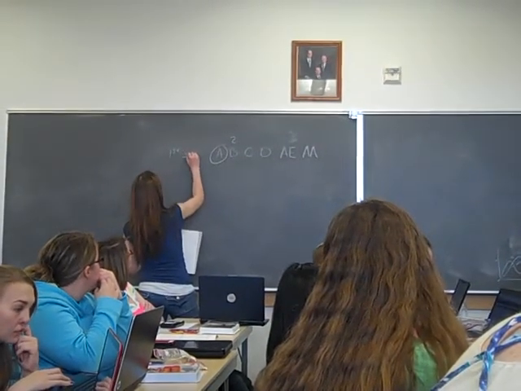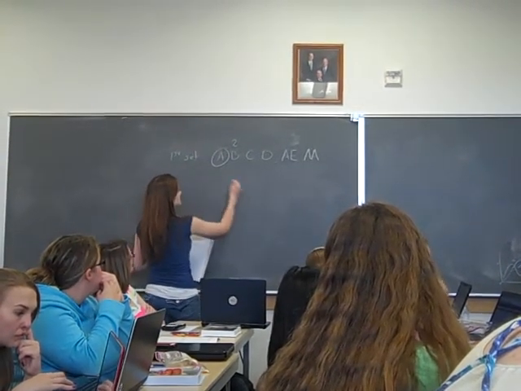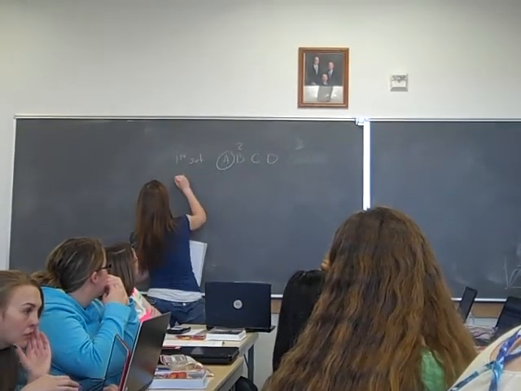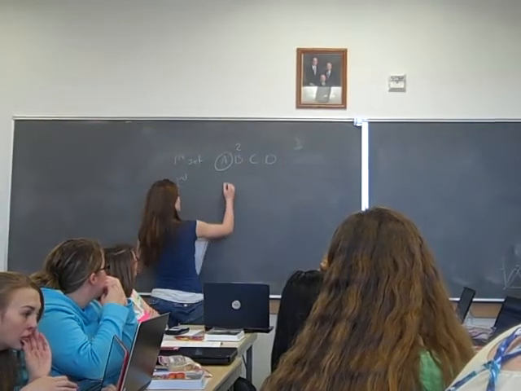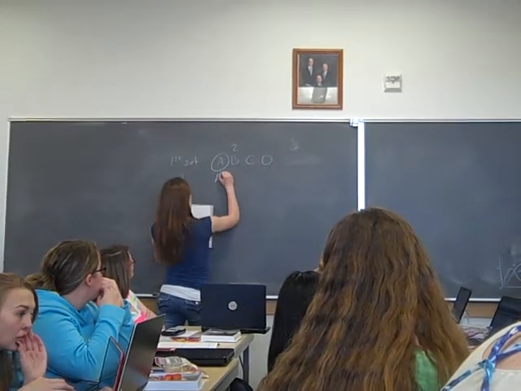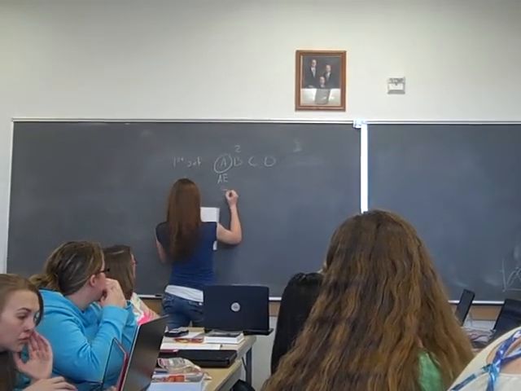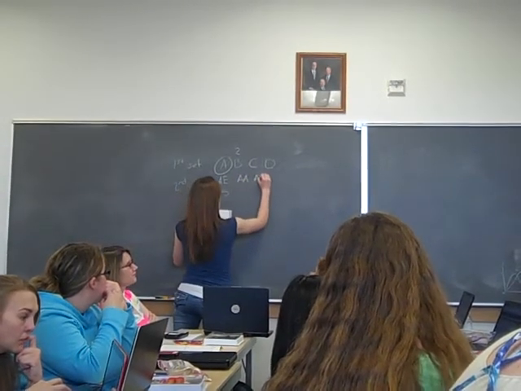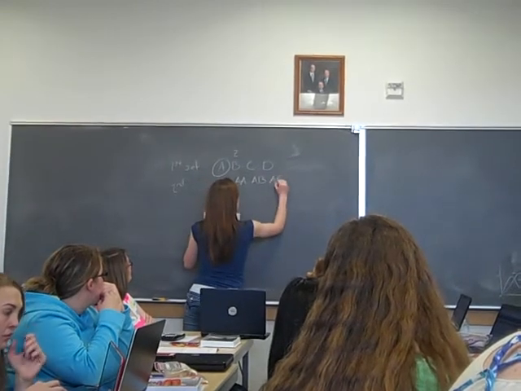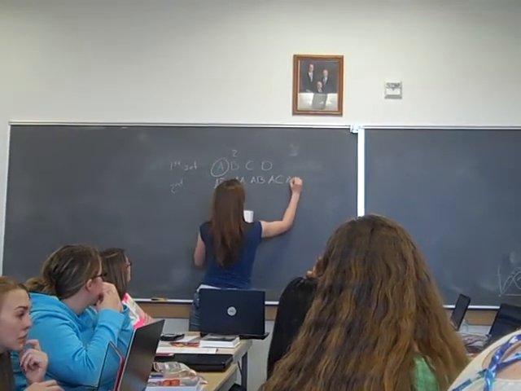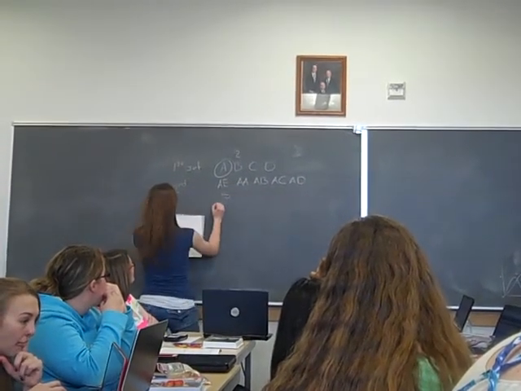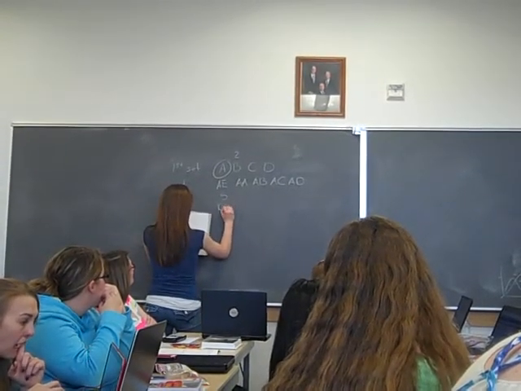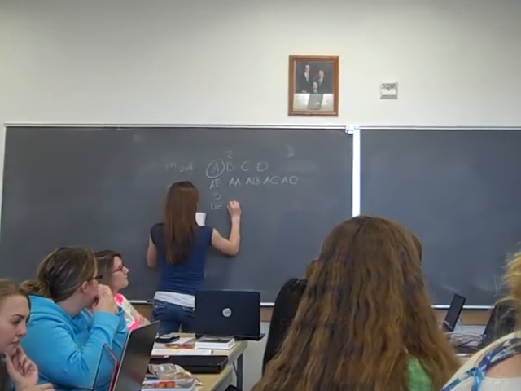Now I remember. Okay. So the first set is A, B, C, D, and then the second set after that would be AE, which is 5, and then AA, AB, AC, AD, and then I have to start all the way back up again. And so it would go BE. So what would BE be?